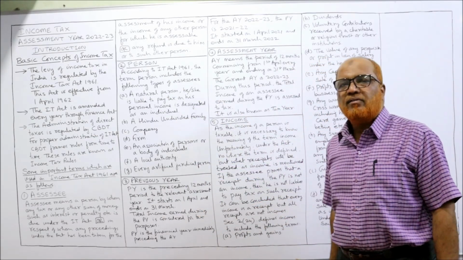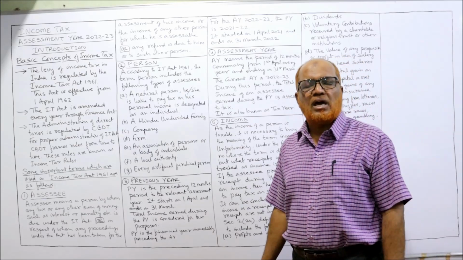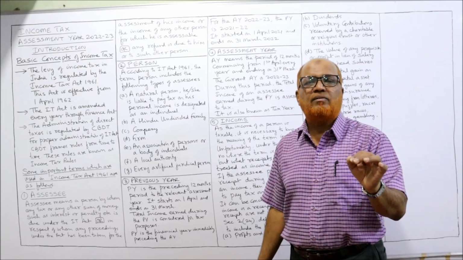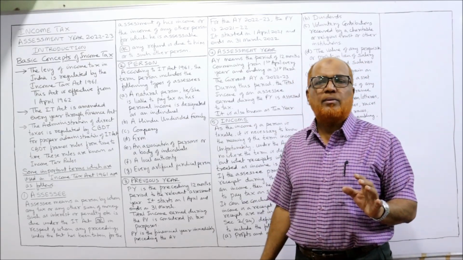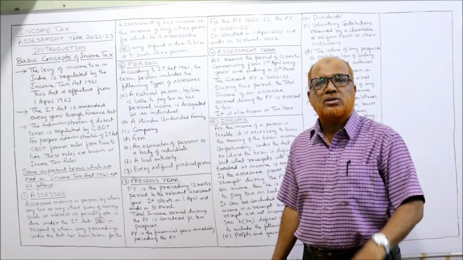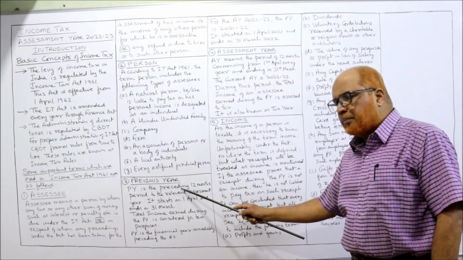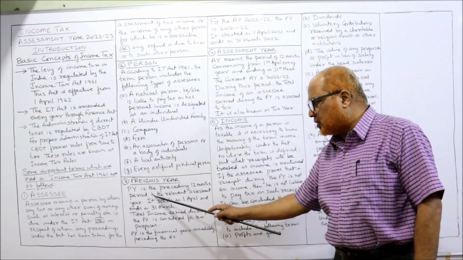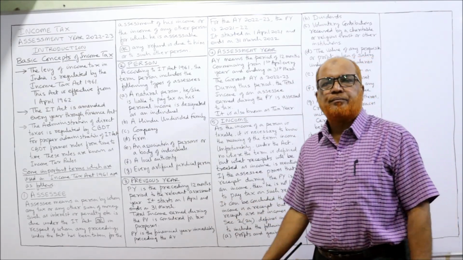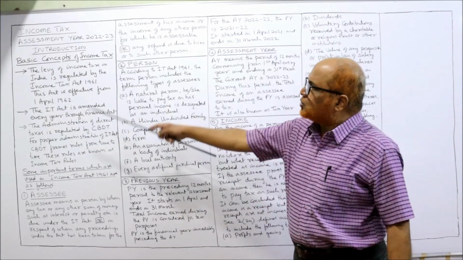Next comes previous year. Very important. Every student must know this previous year, because in the coming problems, every problem you will come across the word previous year. You must know what is the meaning. Previous year is the preceding 12 months period to the relevant assessment year. The current assessment year is 22-23.